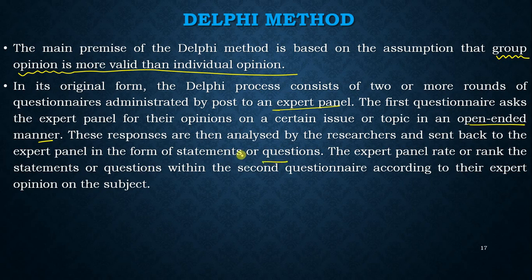A researcher, and then again sent back to whom? Experts. The expert panel rates or ranks the statements and questions with the second questionnaire. After getting the opinion from the researcher, the expert panel goes for the second questionnaire according to their expert opinion on the subject.